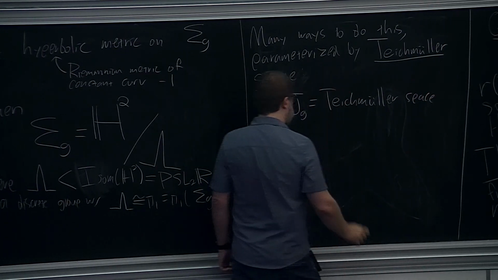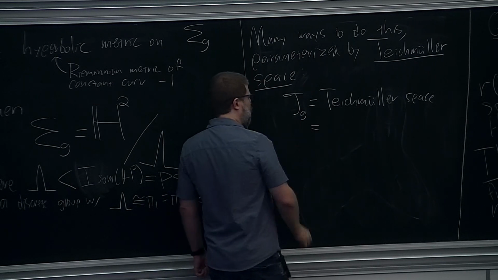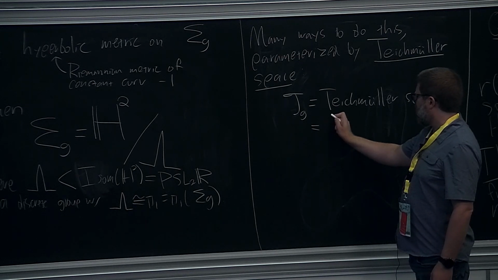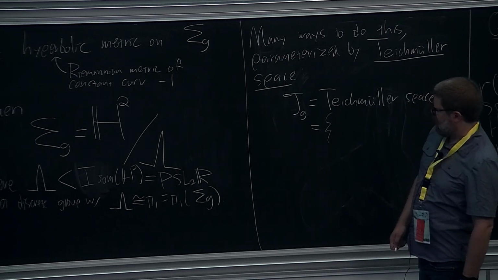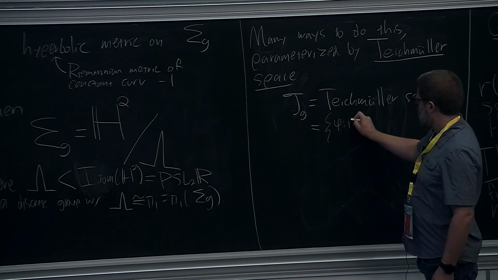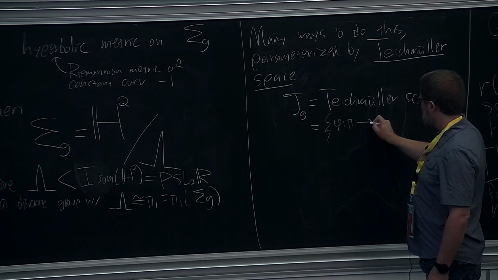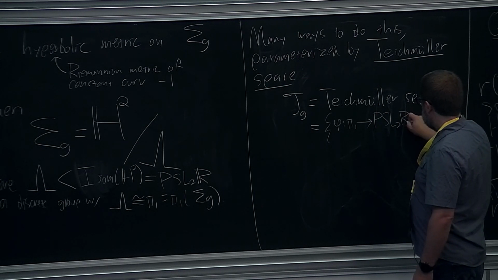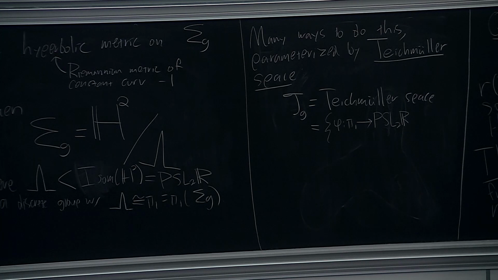There are many ways of defining it, but here's the way I want to define it. We're going to take the set of maps phi from pi1 into PSL 2R.